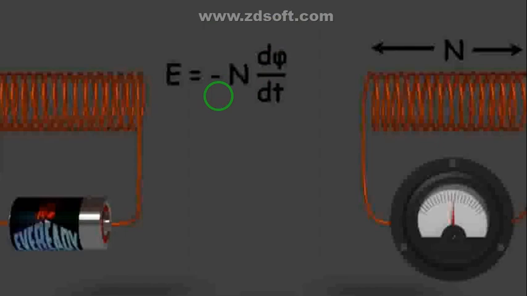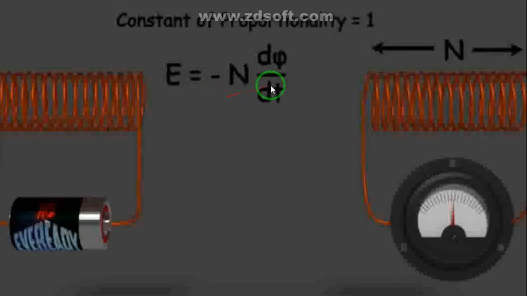Here we can remember two conditions. The first one is that the constant of proportionality is equal to 1. That means EMF per turn is constant for each and every turn. EMF per turn is constant. That is, the constant of proportionality is equal to 1.